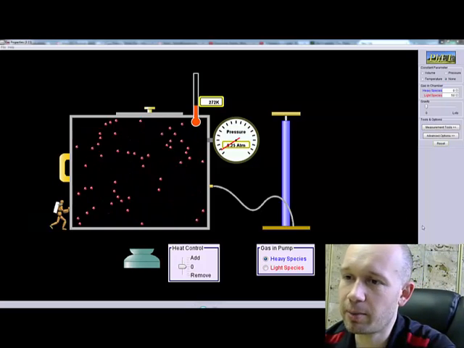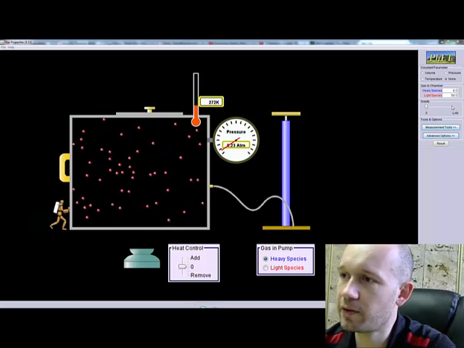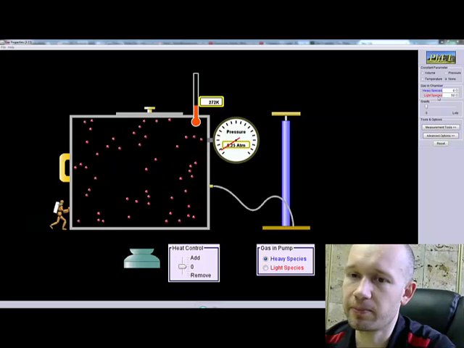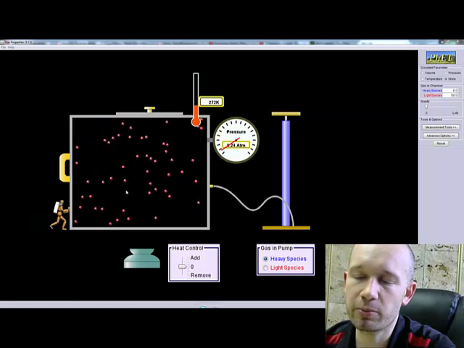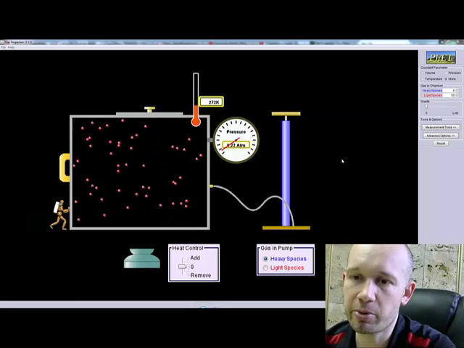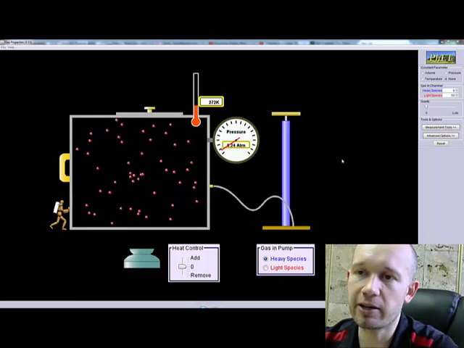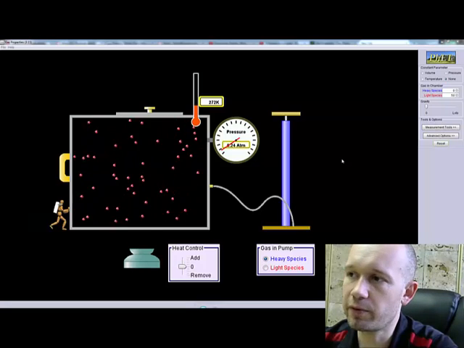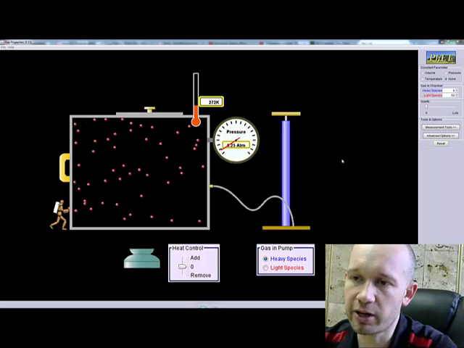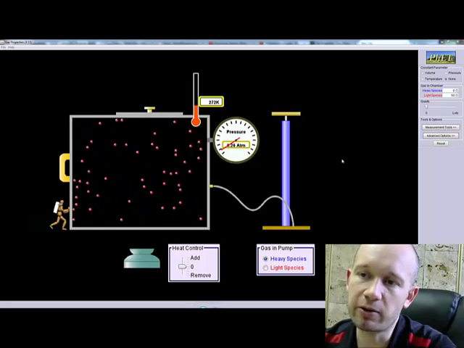So I put in 50 molecules of some light gas. We don't know what gas it is, and I'm keeping the volume at the default setting, as well as the temperature. I didn't add any heat or reduce any heat. With 50 light molecules, you can see that the pressure gauge goes up and down.